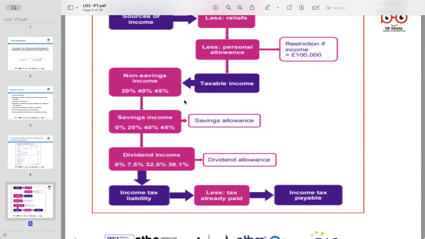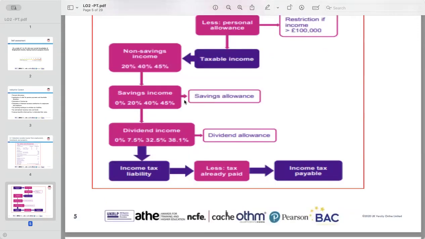Then taxable income: after all deductions, reliefs and personal allowances from the total income, the remaining amount is the taxable income. Savings income: there are specific allowances for savings income, which allow a certain amount to be earned tax-free. Dividend income is taxed at different rates depending on the individual's overall income.